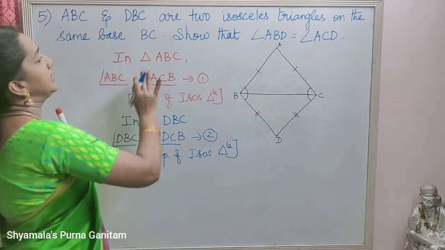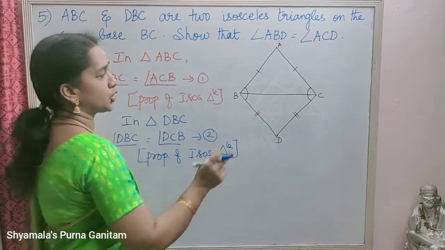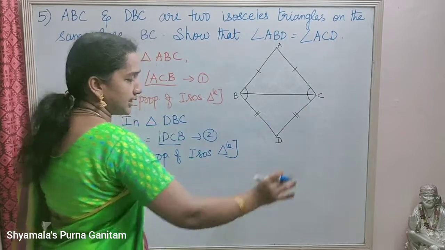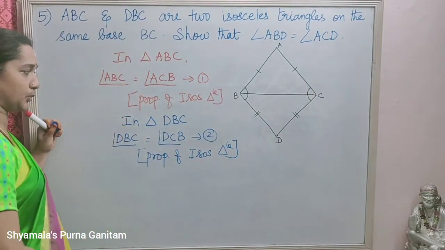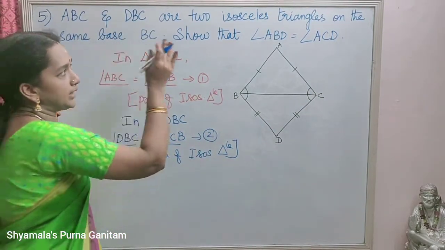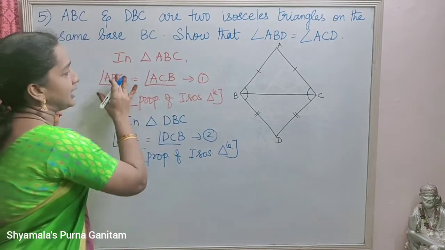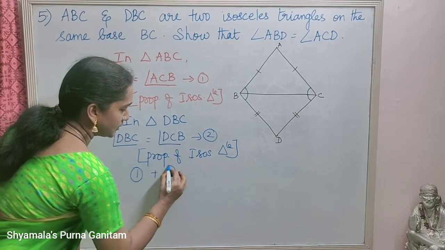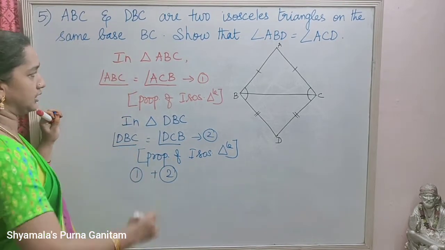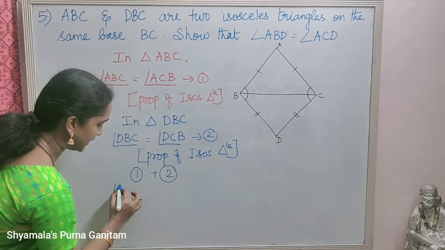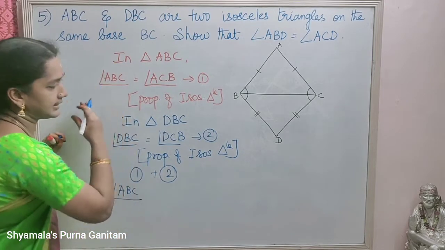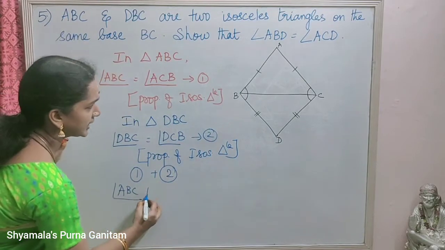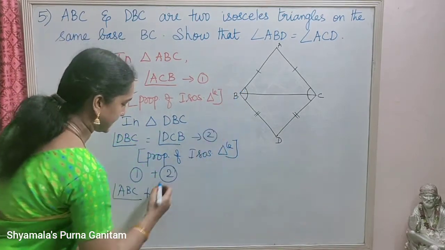But in the question they asked us to show that angle ABD, that is this full angle, is equal to this angle. For proving that, we will add the first equation and the second equation. On the LHS, angle ABC plus angle DBC.